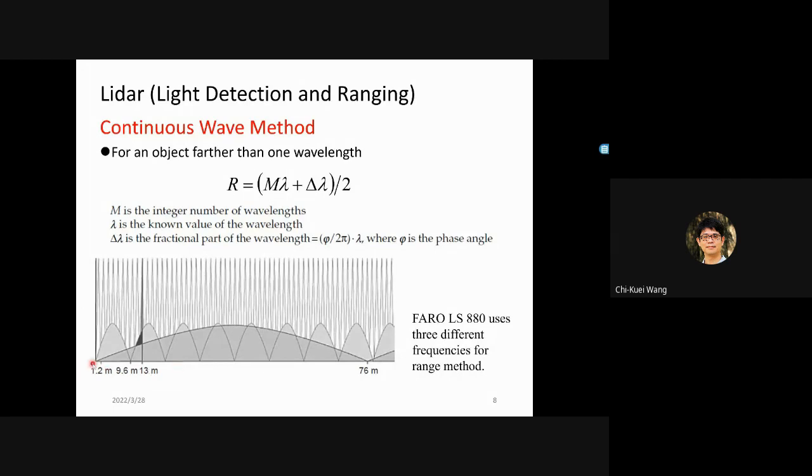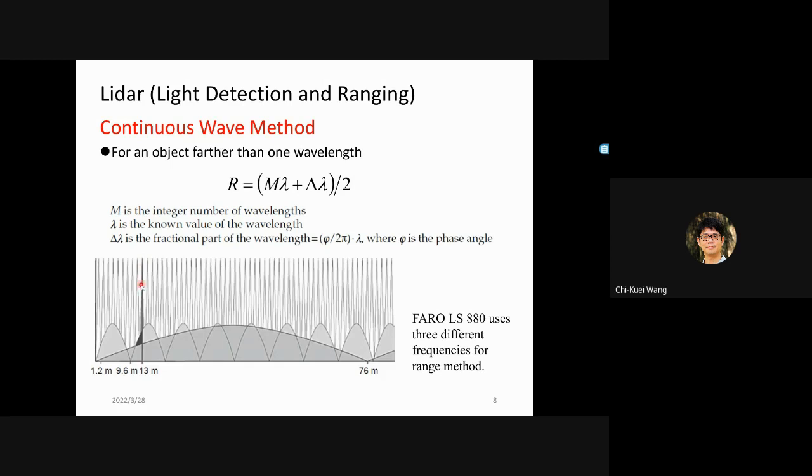With the longest wavelength, it can determine the object is in this region. Within this region, the second, shorter wavelength can determine more accurately where it is. And with the shortest wavelength, it can determine the range of this location even more accurately.